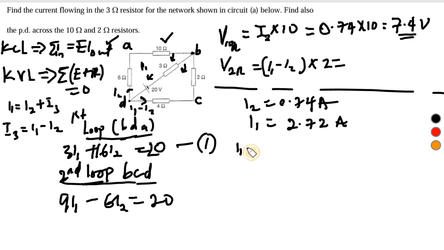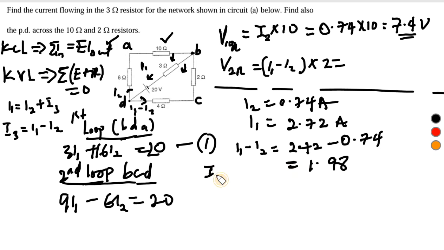So I1 minus I2 will be 2.72 minus 0.74, and you have 1.98. That is I3.